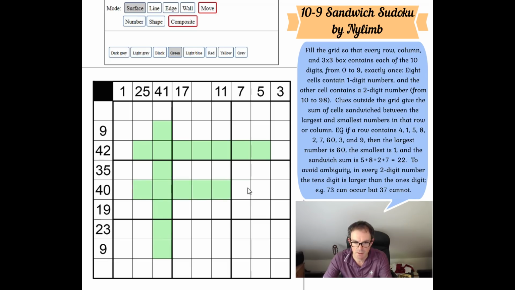Now that might be useful, and is useful, because now we might be getting somewhere, because one of these columns, well, let's look at the 42 clue. Either column 1 or column 9 has a 2-digit number in it.